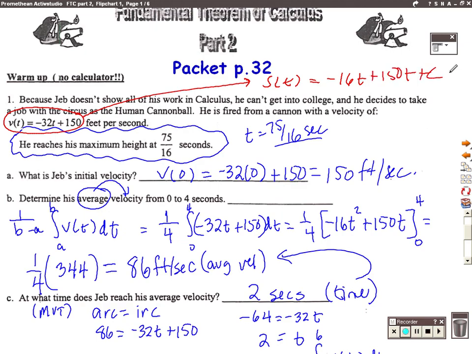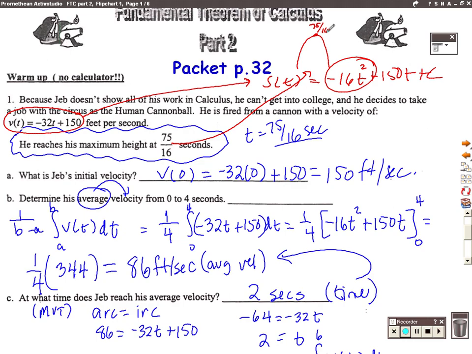And it doesn't matter what c is. The key is it's a parabola that opens downward. So, and we already know from this part right here that the maximum height, this guy right here, occurs at 75/16. That's the time, not the height.